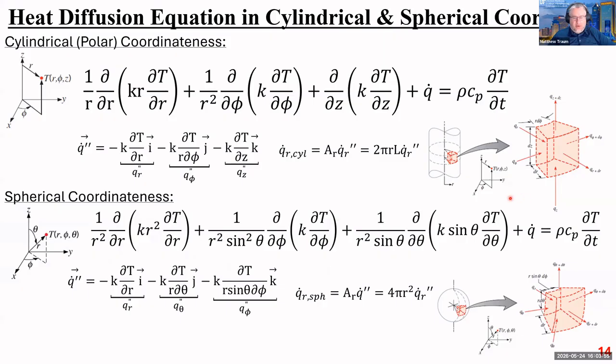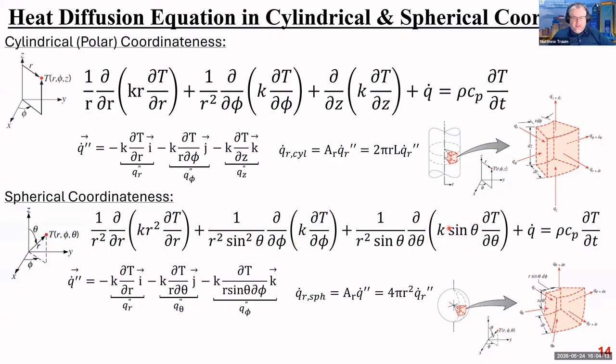And then because my other two derivatives are angles, right? So rotational directions. I have to divide by r squared sine squared theta to get the units here to work out, and then same thing is true here.